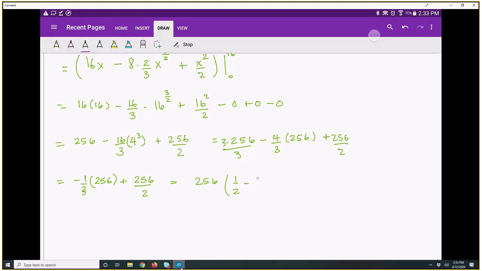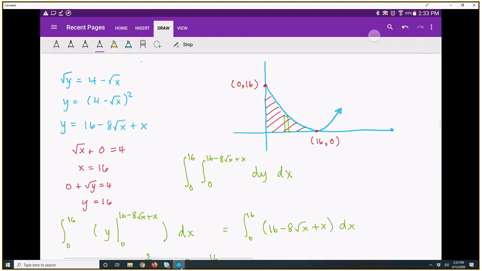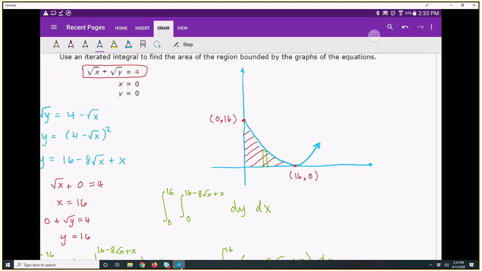So it becomes 256 over 6, or 128 over 3. So 128 over 3 gives me the area bounded by these curves.